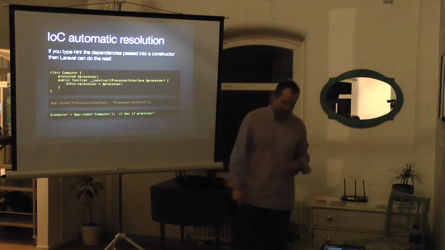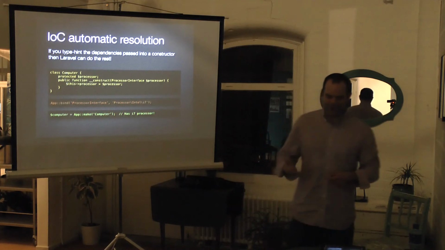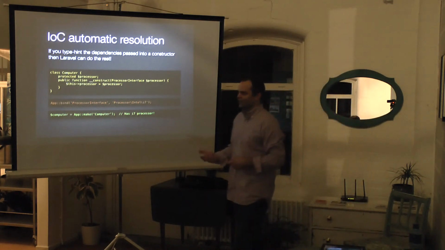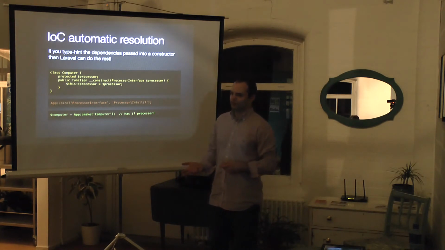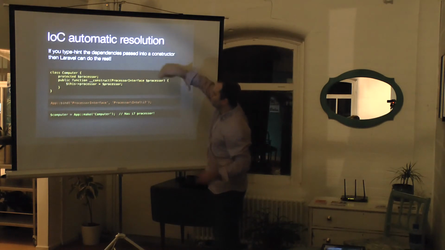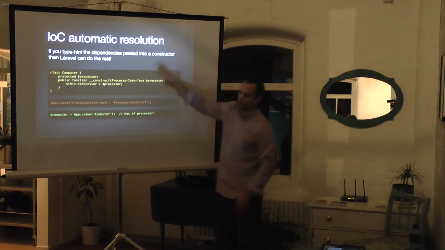Now, when you think about how this works, it's really, really clever, because say you have a dependency on a database, or a mailer, or a logger, or something like that. So you have classes strewn all throughout your application that have mailer interface mailer, or logger interface logger, whatever.